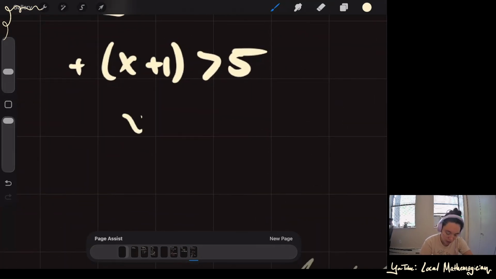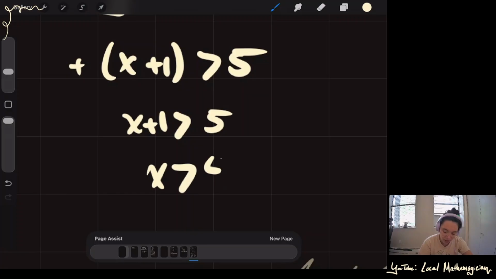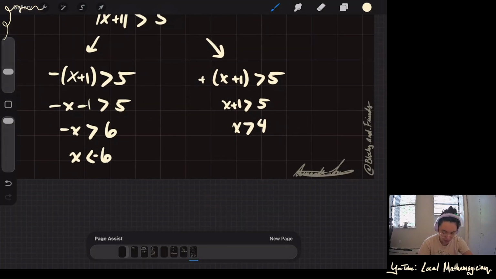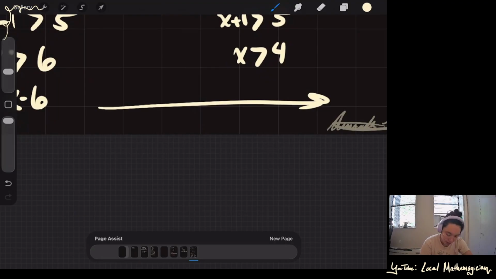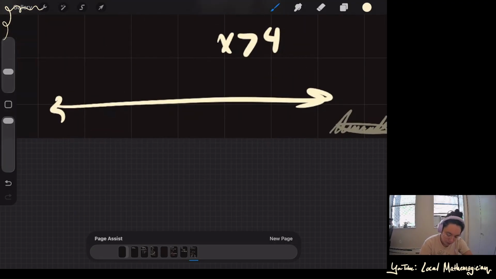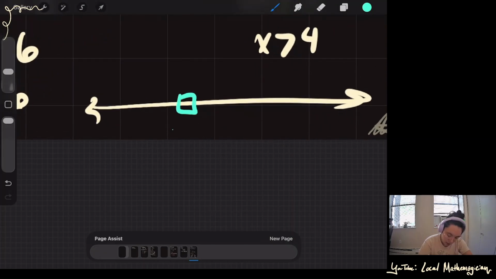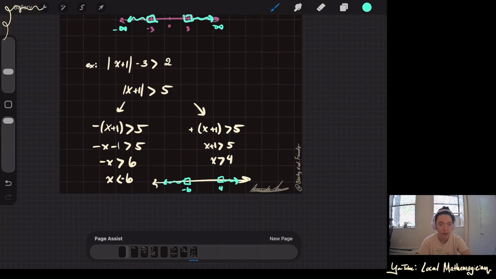On this side, you have x plus 1 is greater than 5, x is greater than 4, right? And graphically, you have negative 6 here, and you want less than, positive 4 here, and greater than. Okay?